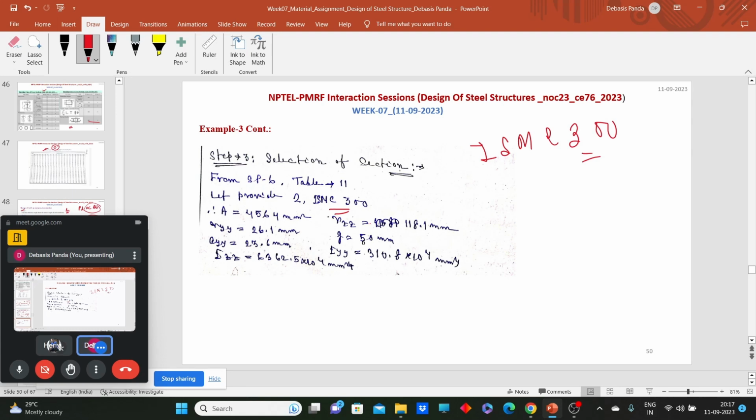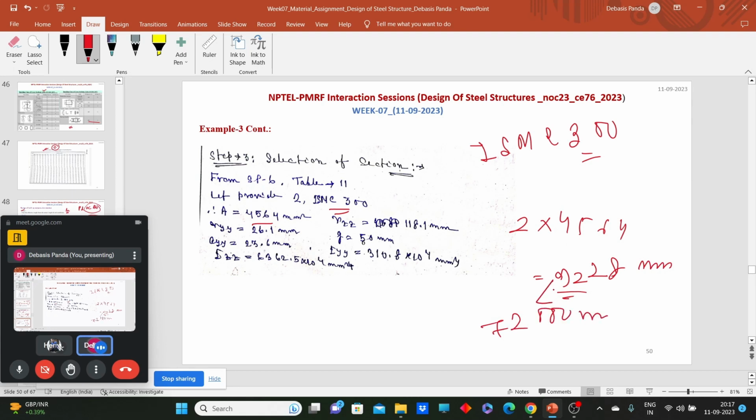If we provide two ISMCs, for a single ISMC the area is 4564, and for two ISMCs, 2 into 4564 comes to 9128 mm square. So it's more than the area required, which is about 7200 mm square.